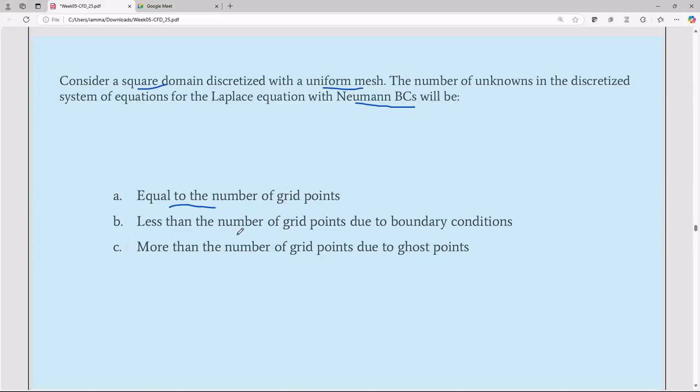Option B, less than the number of grid points due to boundary conditions. Option C, more than the number of grid points due to ghost points. So, which among the following will be true in case of a square domain discretized with uniform mesh and having Neumann boundary conditions for solving Laplace equation? You can inbox your answers.